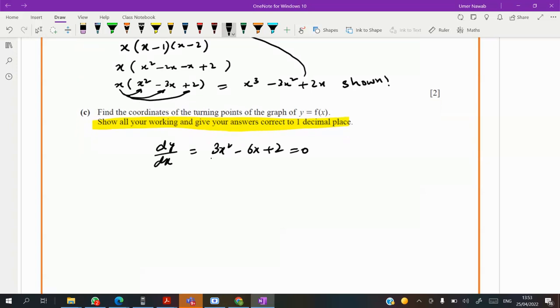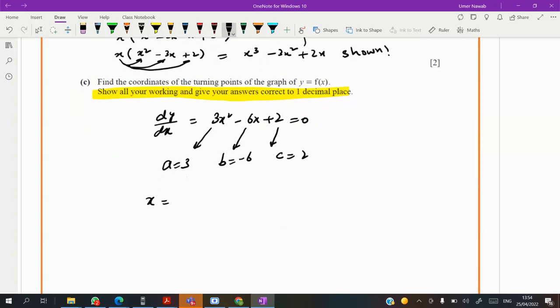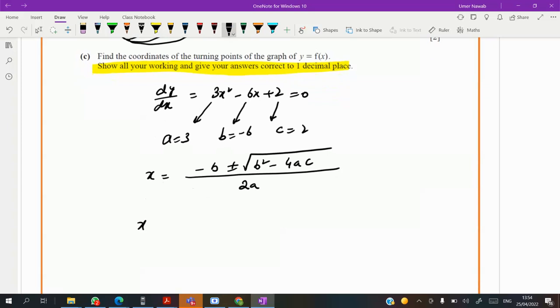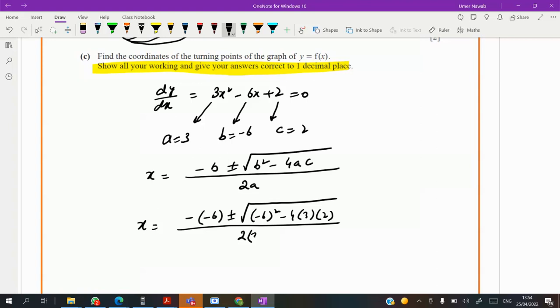So to use the quadratic formula, my friends, you have to write a is equal to 3, your b is equal to negative 6, and your c is equal to 2. The quadratic formula is x is equal to minus b plus minus square root of b squared minus 4ac over 2a. Now x is equal to minus minus 6 plus minus square root of minus 6 whole squared minus 4 times 3 times 2 over 2 times 3.